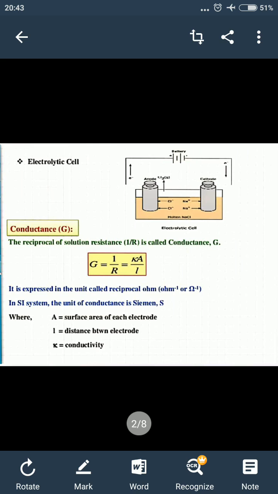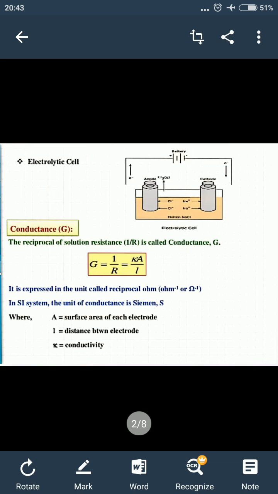Now, this is the electrolytic cell. One positive electrode and one negative electrode. That is, one electrode is connected to the positive terminal of the battery and the other to the negative terminal of the battery.